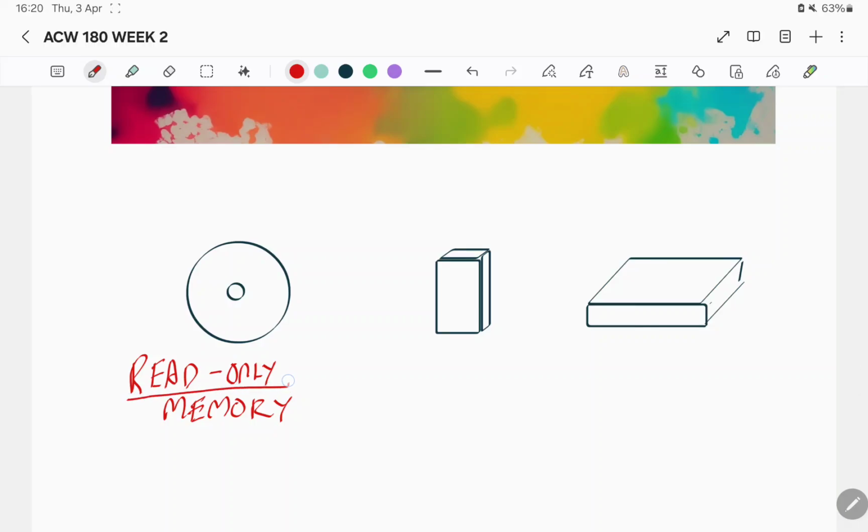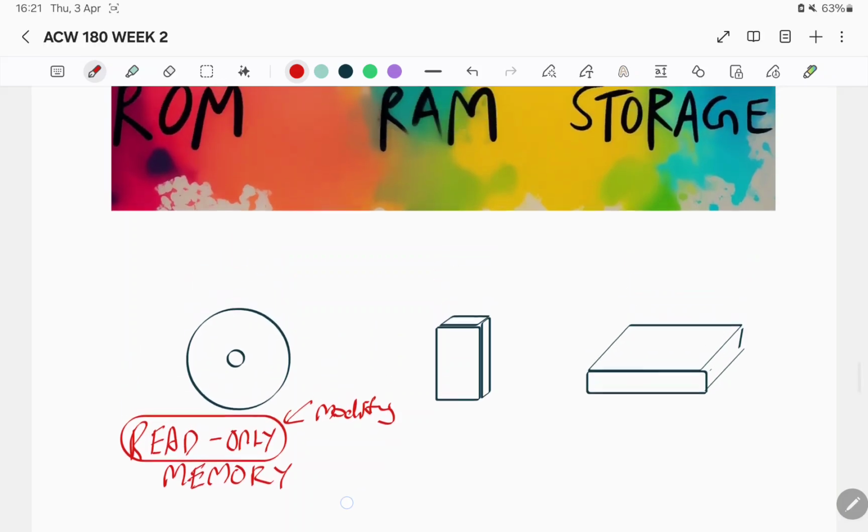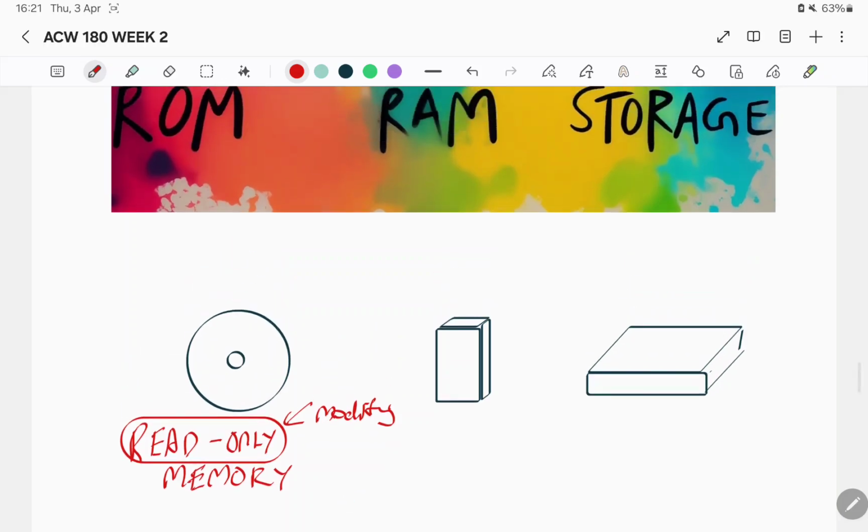The word itself, read only, means you can only read. You cannot modify. It means it's fixed. Alright, inside a computer there will be a ROM. ROM usually will be attached to the motherboard.